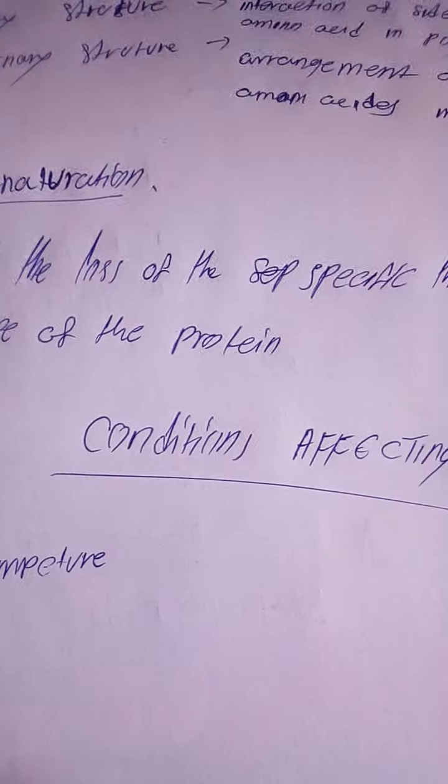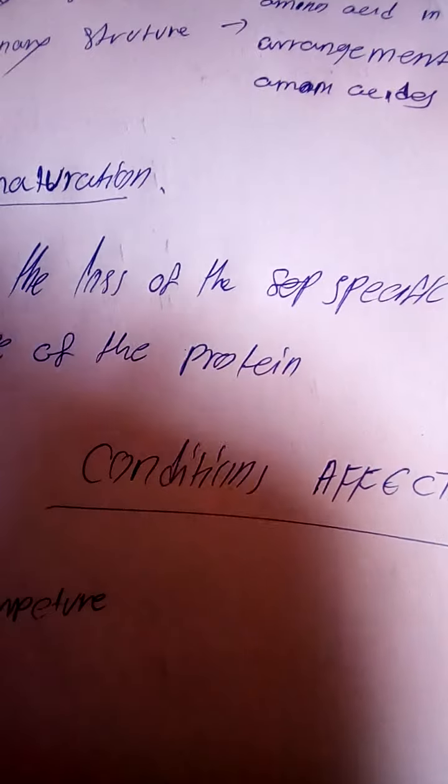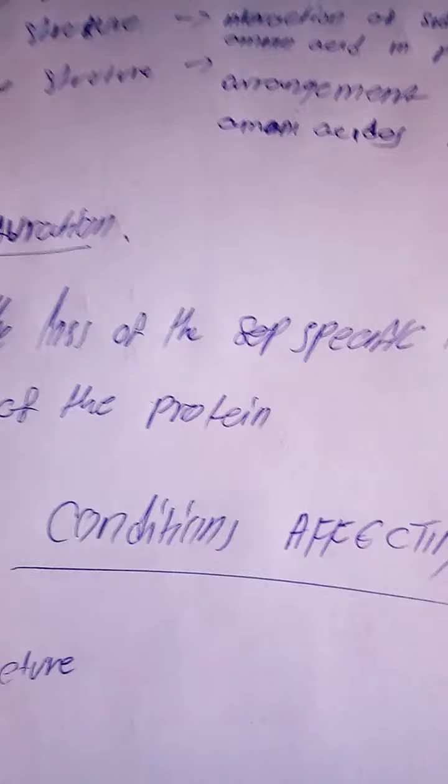The protein actually stops functioning. These proteins have a specific temperature under which they can operate. So an increase in temperature can cause more rapid molecular movement. Because of that, they are able to break the hydrogen bonds.